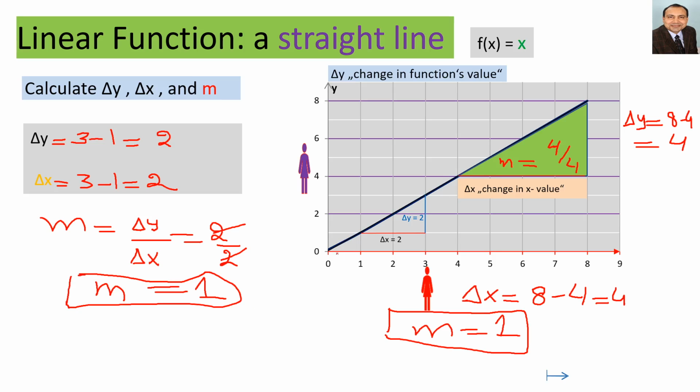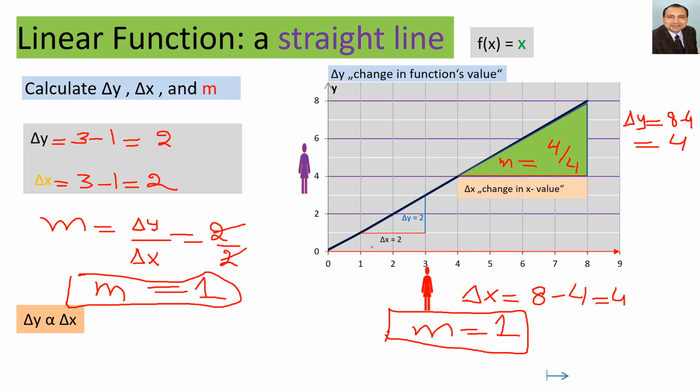So in this graph, for this line on two intervals, x from 1 to 3 and 4 to 8, the value of m is 1, which is equal and the same. The observation is that the change in y is directly proportional to the change in x.